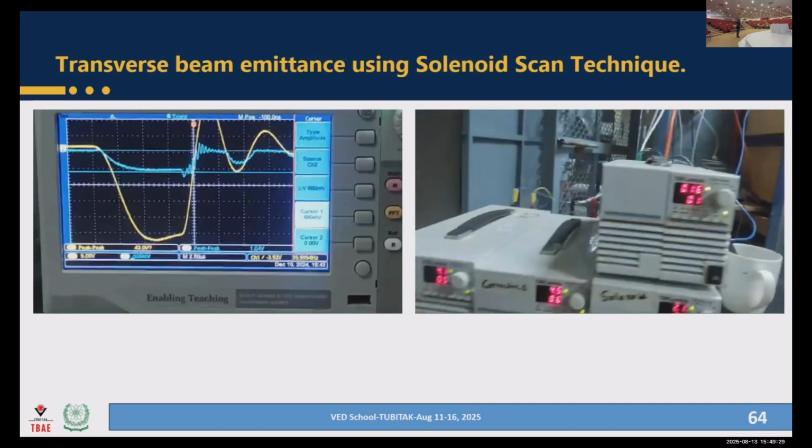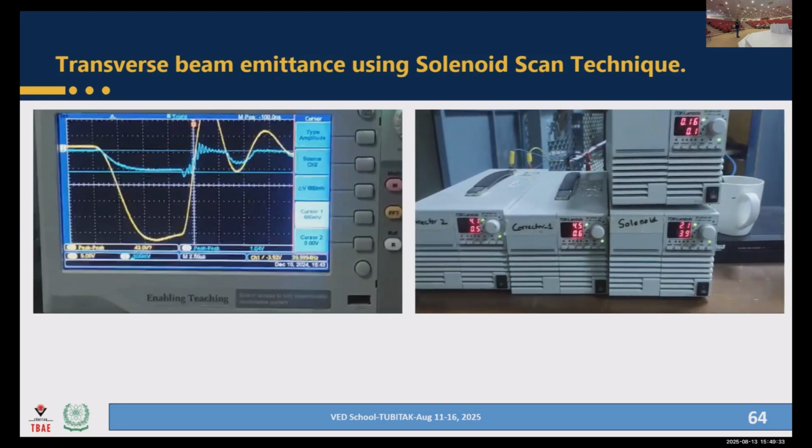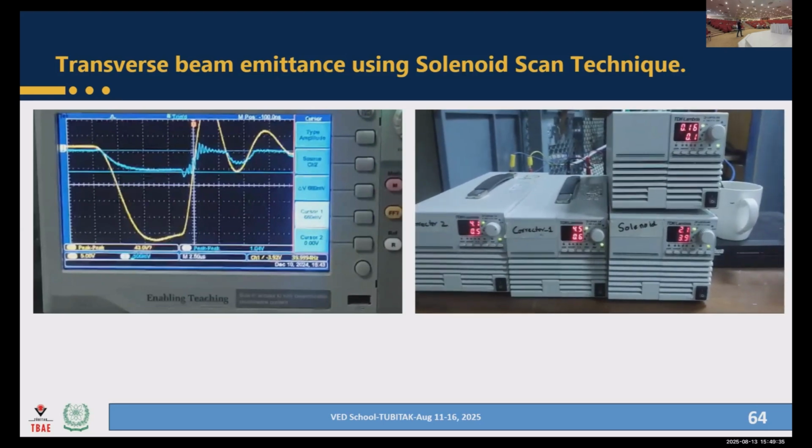Let's finish this thing. These are the solid line power supplies and the corrector power supplies. No, it's a pulse power supply, a solid state pulse power supply, which is generating a variable pulse width. For example, here you have around 4 microseconds.